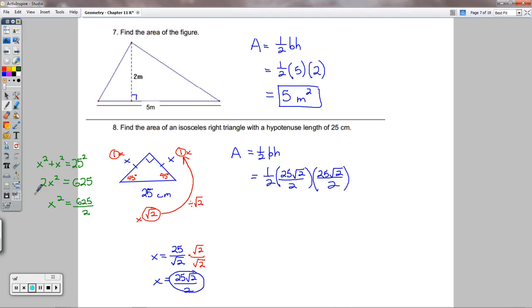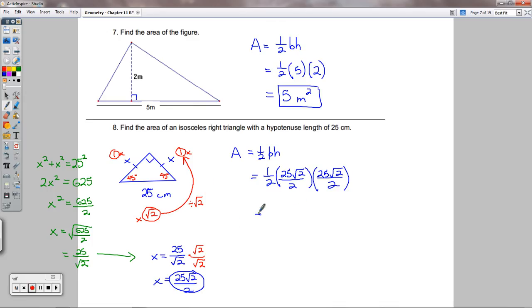And then you would take the square root of both sides. You'd have x is the square root of 625 over 2. The square root of 625 though is just 25. So you'd have 25 over the square root of 2, and then you could do the same thing that you had here. So either way you do it, you get the same thing.